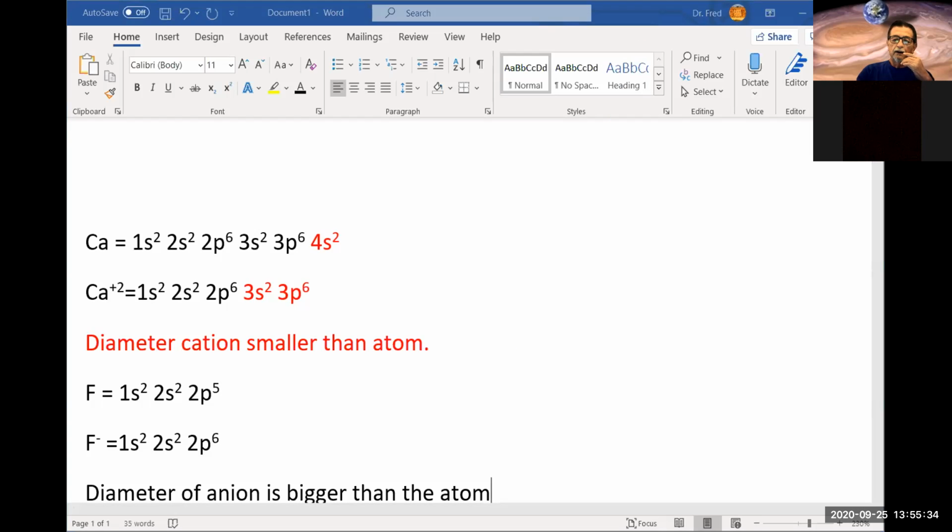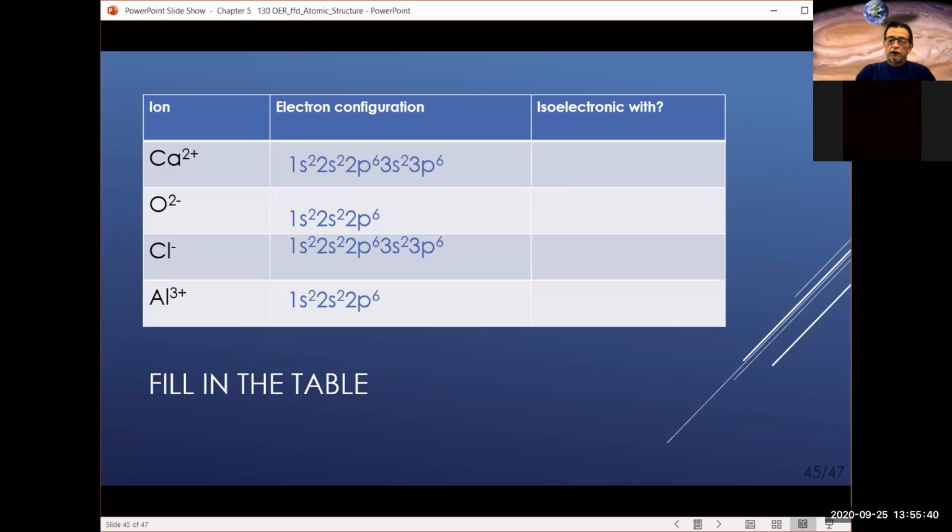All right, let's go back to this one here. Going back to isoelectronic, so the calcium ion is isoelectronic with argon, neon for the oxide and the aluminum, and argon for the calcium and the chloride.